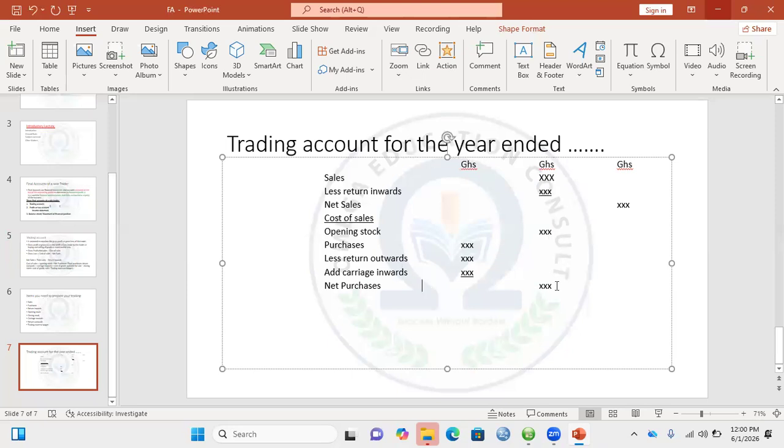And that's what we add subsequently. We add the opening stock to the net purchases to determine the cost of goods available for sale. Cost of goods available for sale.